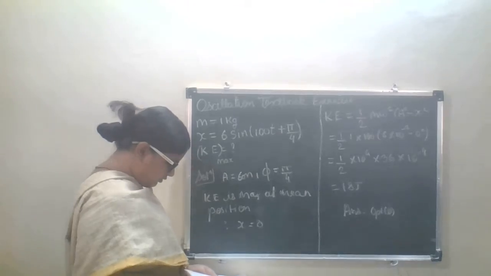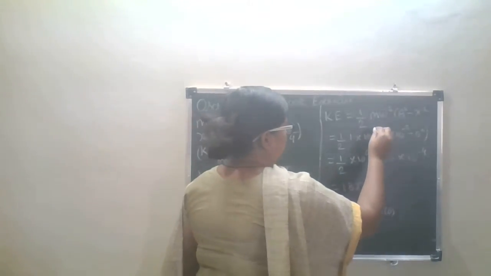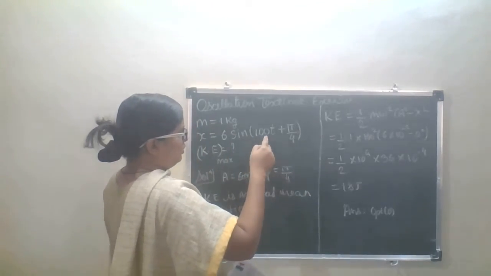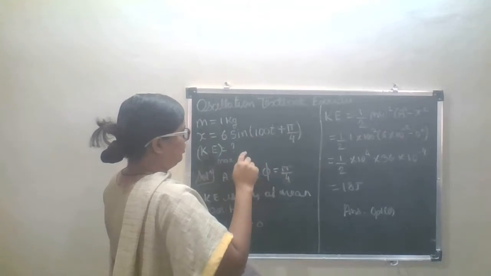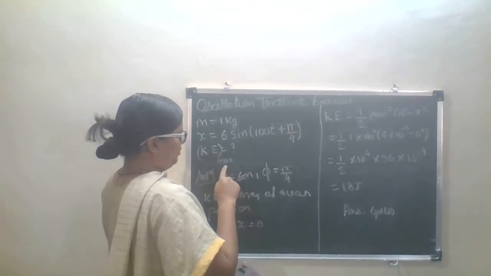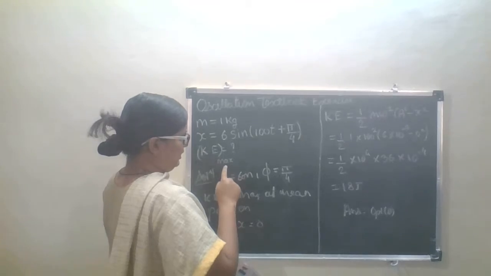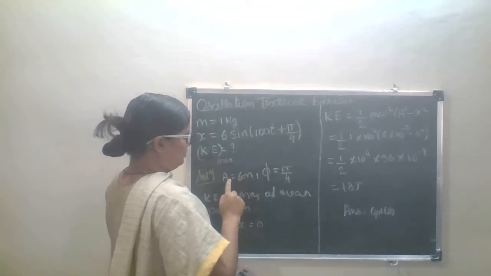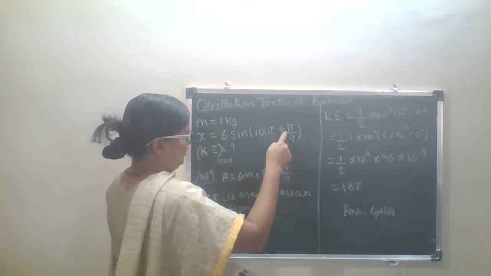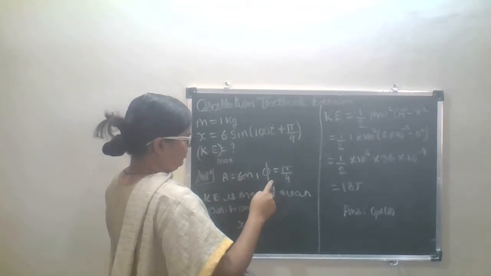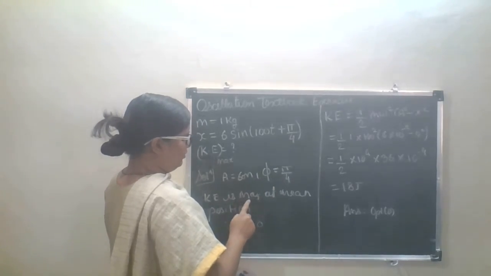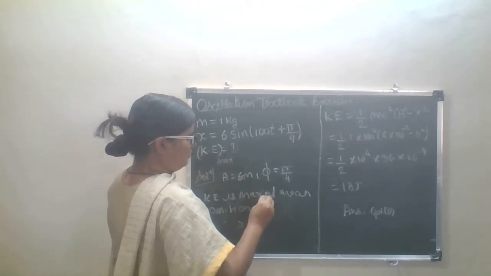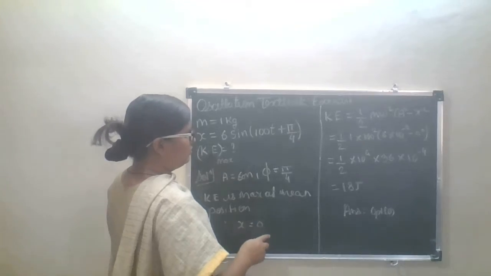The omega square remains here, 100 into t plus pi by 4, and we have to find the maximum kinetic energy. Then we got a is equal to 6 centimeter and phi is equal to pi by 4. So kinetic energy is maximum at the mean position, so x is equal to 0.